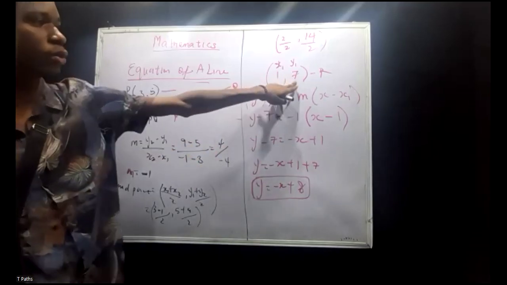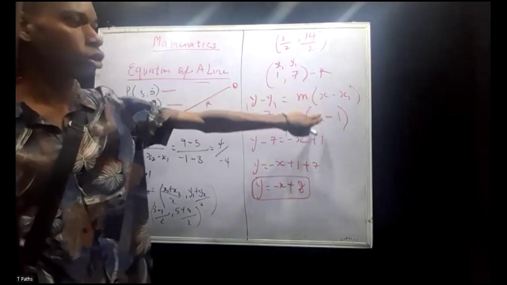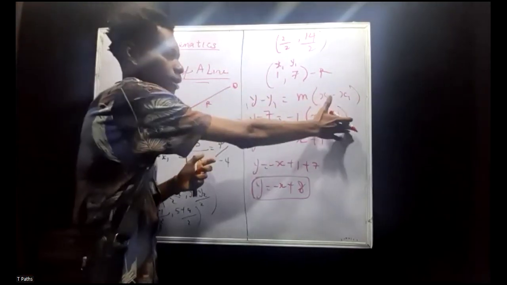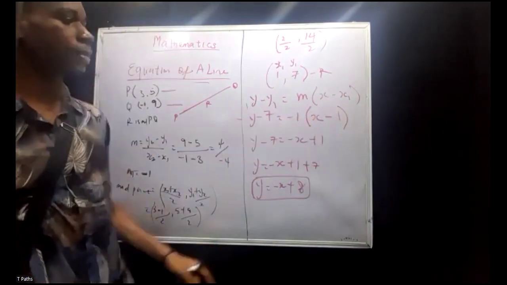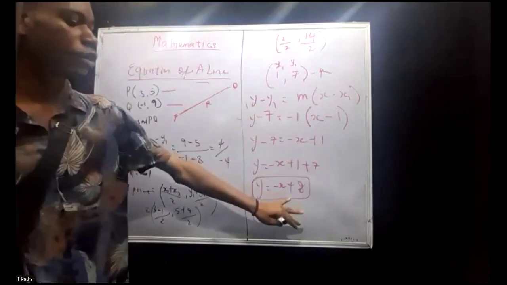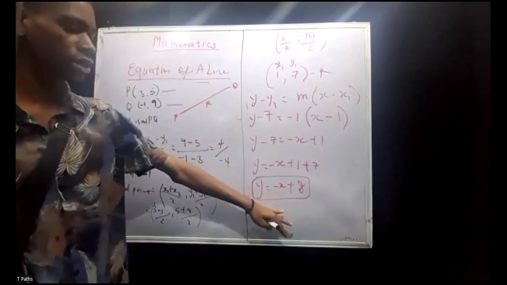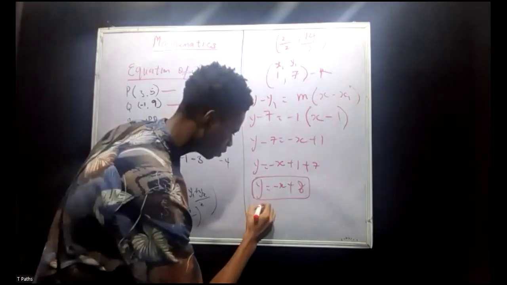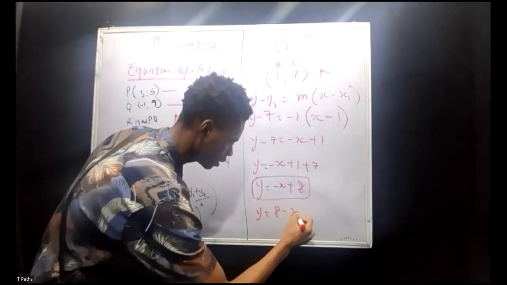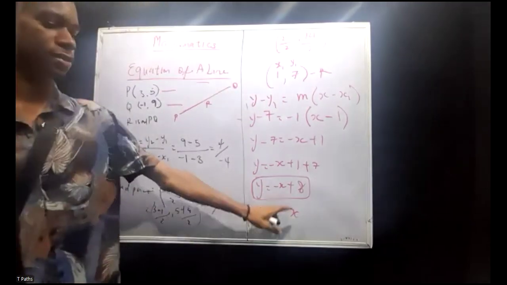Y minus y1, which is 7, is equal to m, open brackets, x minus x1. So when you input the necessary values into this equation, y minus 7 is equal to minus 1, open brackets, x minus 1. You will evaluate and get y is equal to minus x plus 8, which you can rewrite as y is equal to 8 minus x.